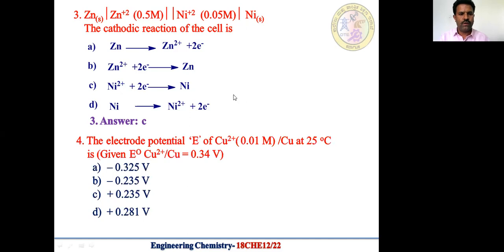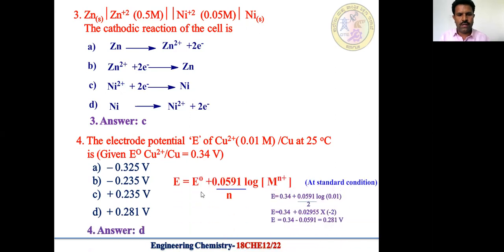Question number 4. The electrode potential E of copper 2+ ion of 0.01 molar at 25 degrees Celsius is, given the standard electrode potential of copper 2+ / copper is equal to 0.34 volt. So what is the electrode potential of copper? The suitable Nernst equation that can be used is E is equal to E0 plus 0.0591 by N log of concentration of the metal ions.